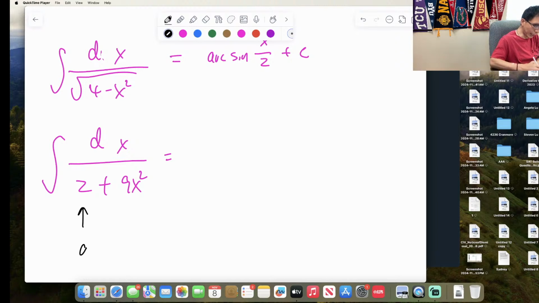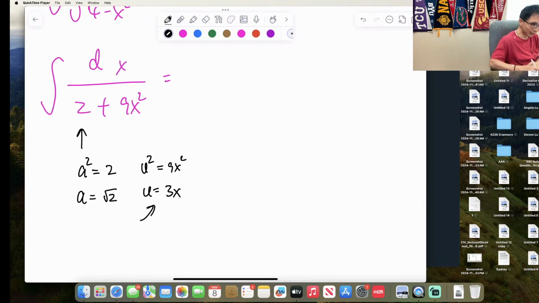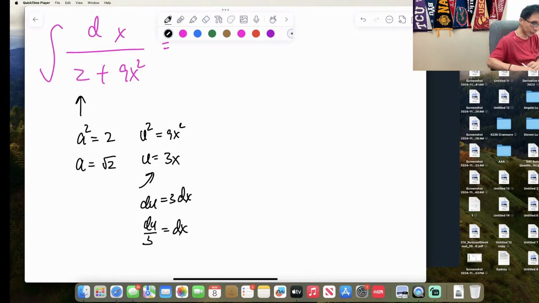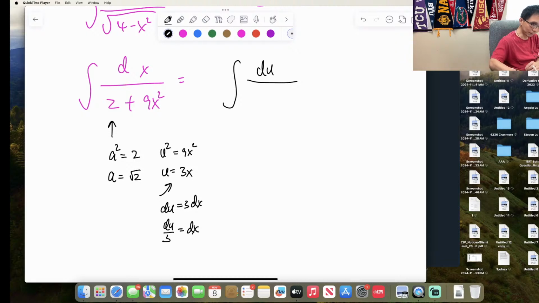You look at this: a squared is equal to 2, so a must be equal to root 2. Is that okay? The small step is u squared equal to 9x squared, so u equal to 3x. Now with that, the du is what people forget: du equals 3dx, so du over 3 equals dx. So if you do that, that's why I say 90%, 70% of you guys don't see that.